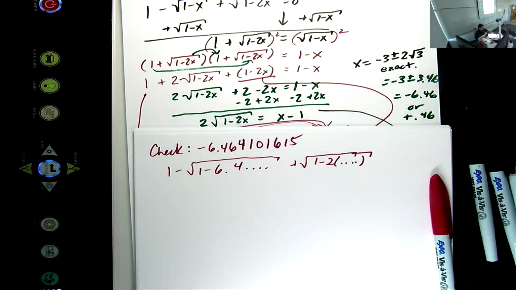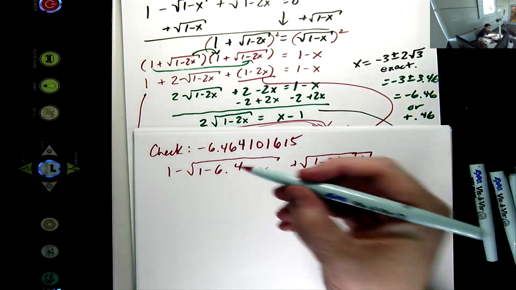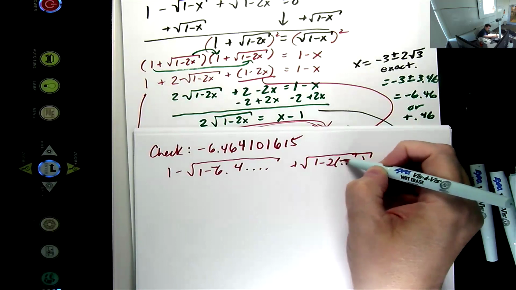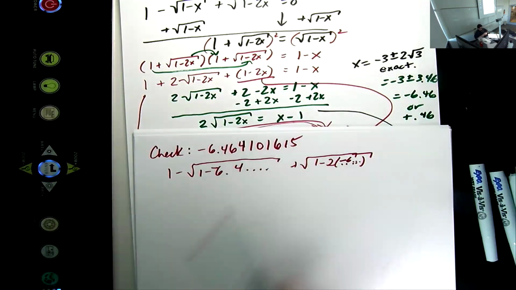So I've got 1 minus the square root. There should be 2 negatives here, so that's going to be a plus.